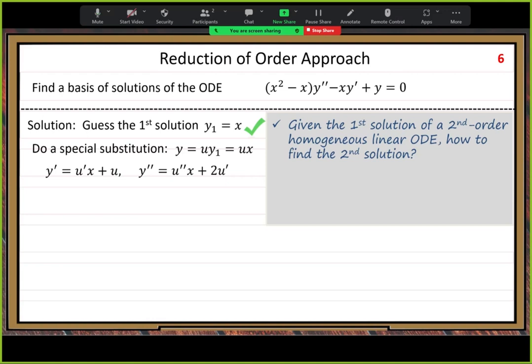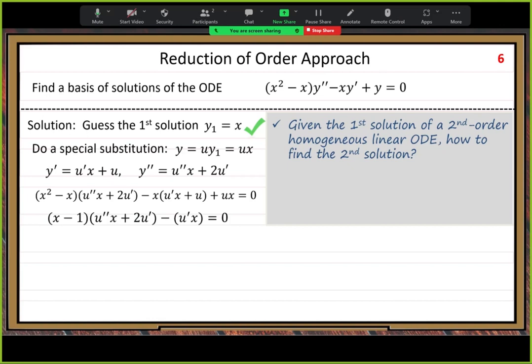Now let's plug back into the original equation and do simplification, cancel out certain terms, combine like terms. This is a one-step simplification, not the final.